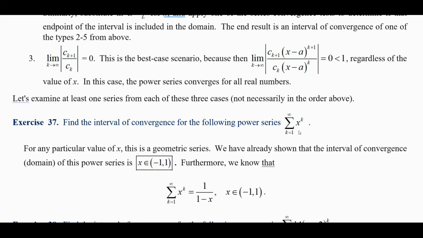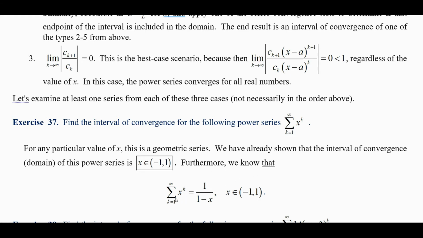And we've already shown that a geometric series converges when that base x is between -1 and 1 exclusive. So it diverges when x equals -1 and when x equals 1. It diverges for x bigger than 1 or less than -1, but it converges in between, and it actually converges absolutely there.